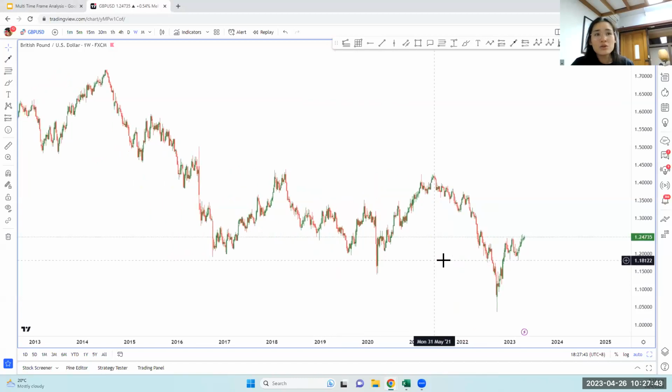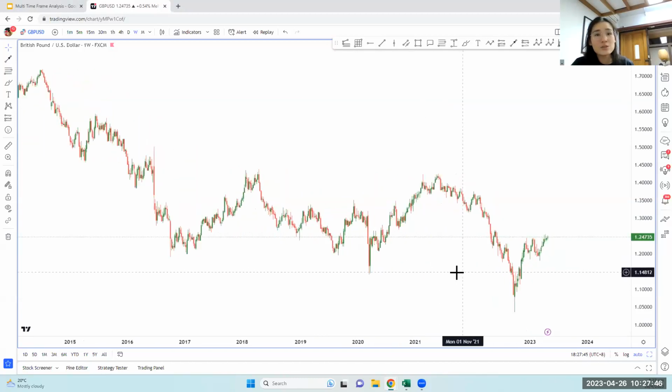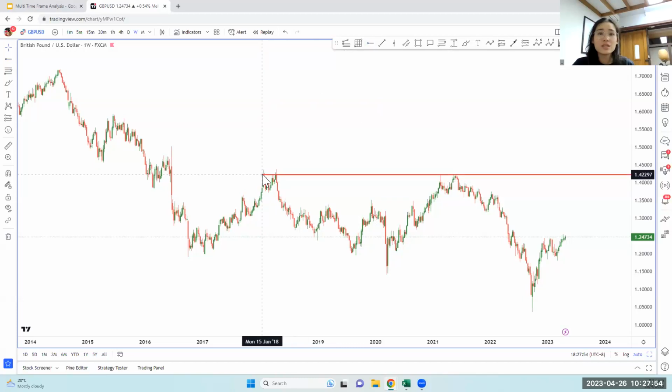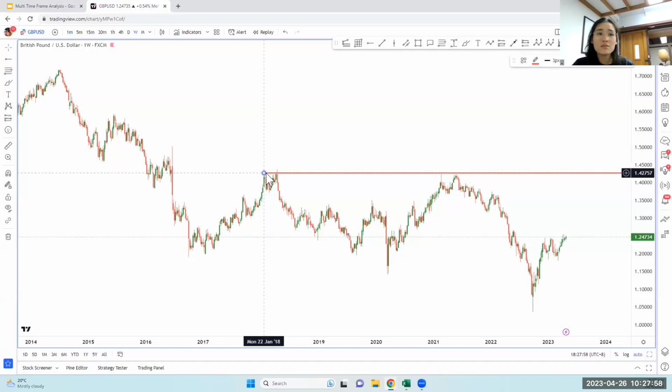And at the same time, while going through these different time frames on the longer time frames, that's when we can also pull out your support and resistance levels. So over here, I have a very significant and pretty strong resistance level here.